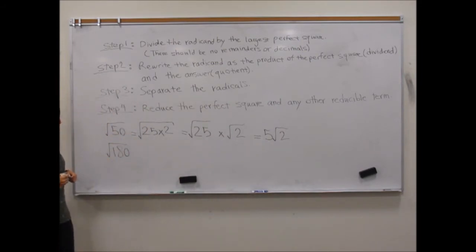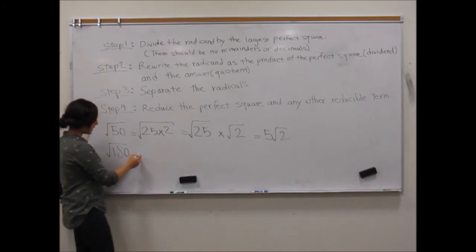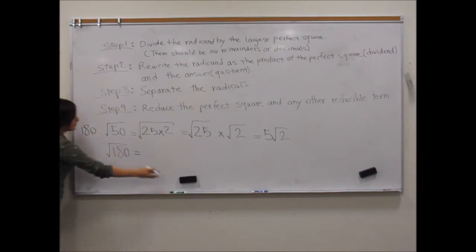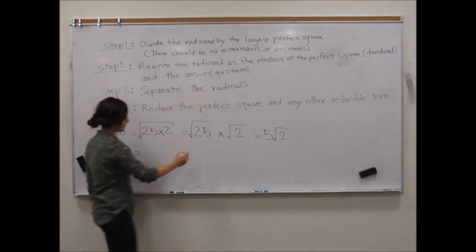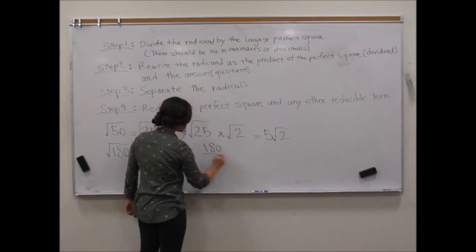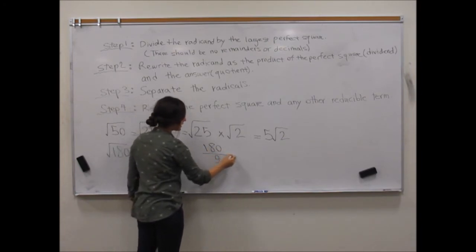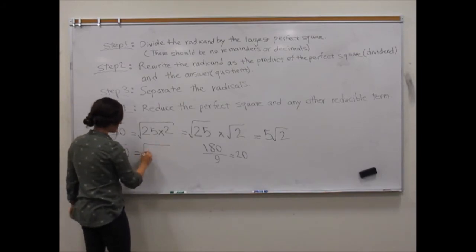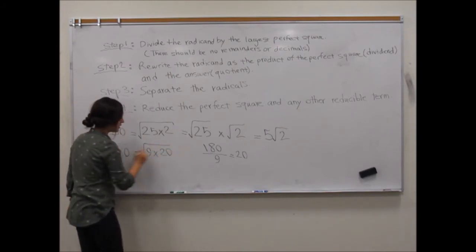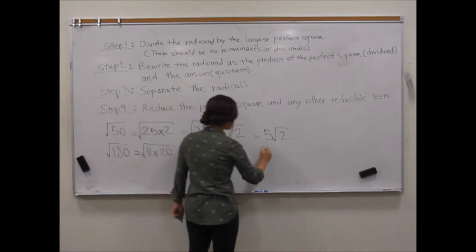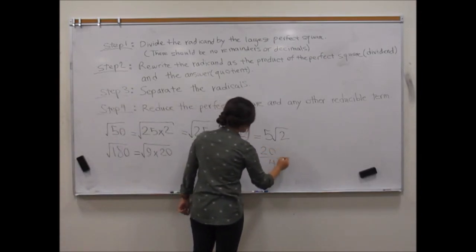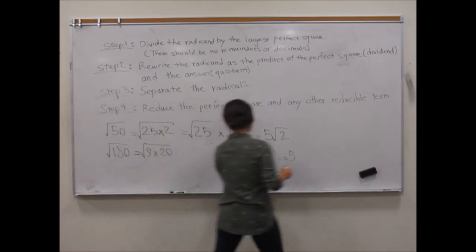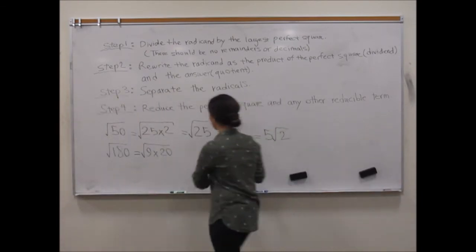And 180, rad 180. I know that 180, I'm going to divide it here. Let's actually write it there. I can divide 180 by 9, and I get 20. So I'm going to write it as 9 times 20. But I know that 20 also goes to 4 5 times, and 4 is a perfect square. So we're still in step 1.